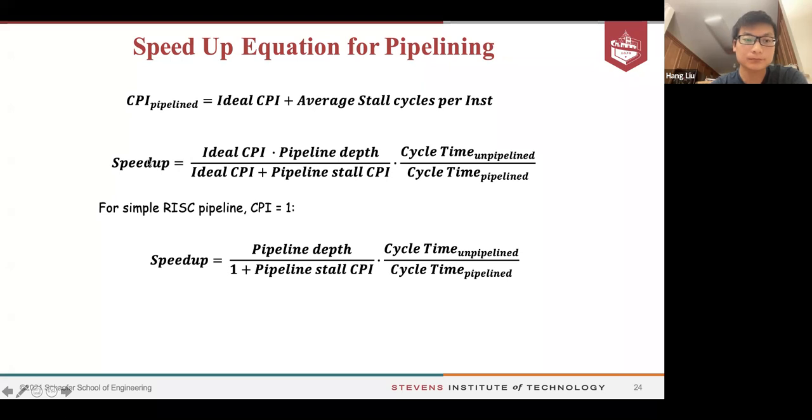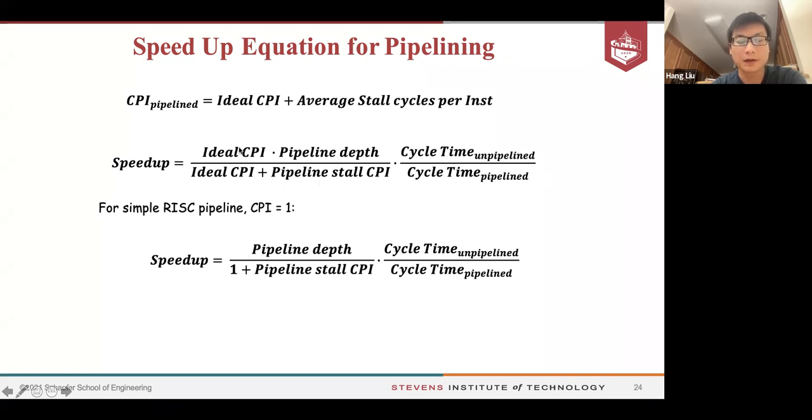Then the speedup becomes the ideal CPI multiplied by the pipeline depth divided by ideal CPI plus the pipeline stall CPI. And then the cycle time, what we mentioned previously, is 0.2 nanosecond, and because we have some pipelining manipulations, it makes the cycle time slightly longer, right?